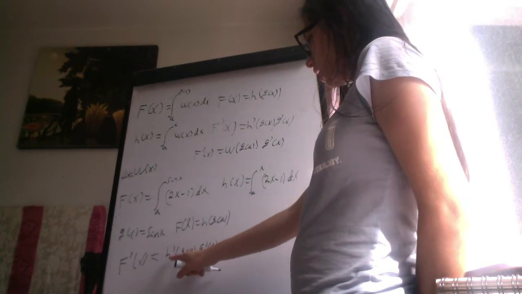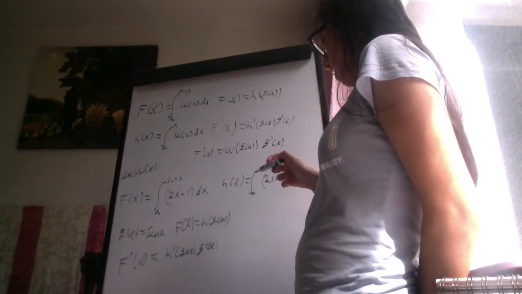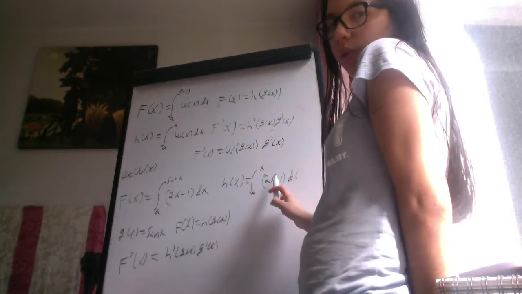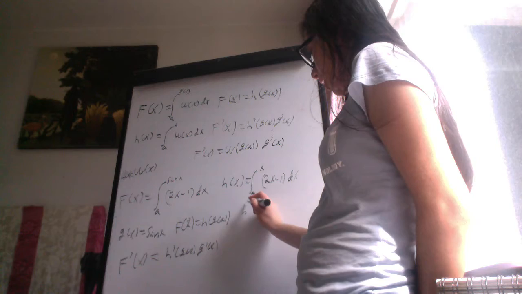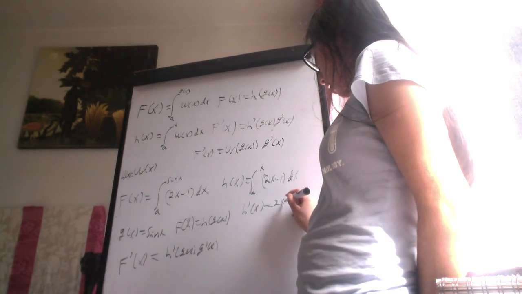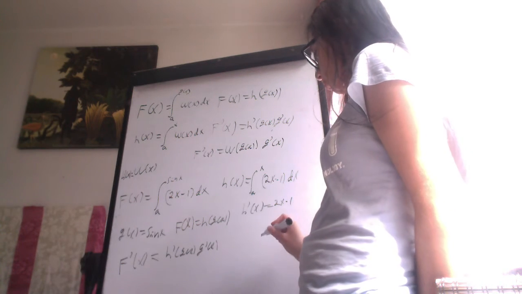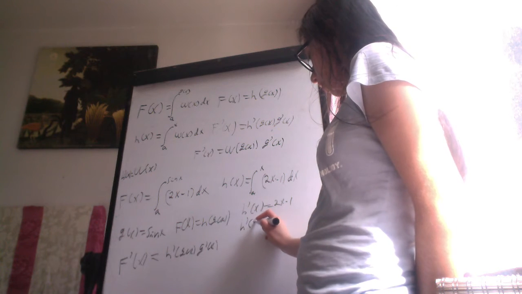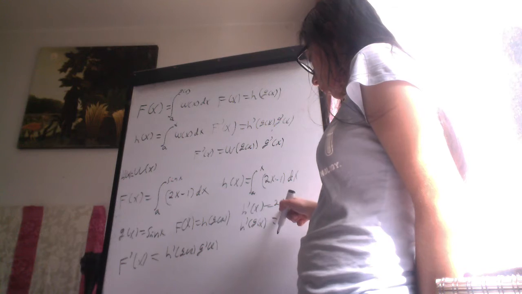So what is h prime of g of x? We said that the derivative of the integral of whatever we're taking is whatever we're taking, that is just 2x minus 1. So h prime of x is 2x minus 1. Now h prime of g of x is substituting x with g of x.